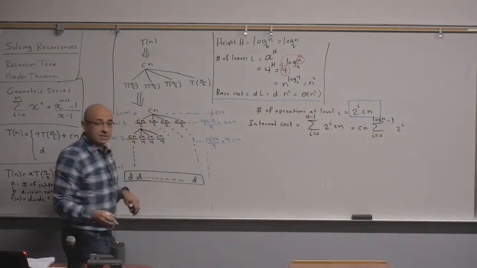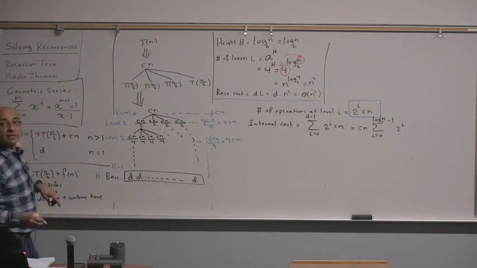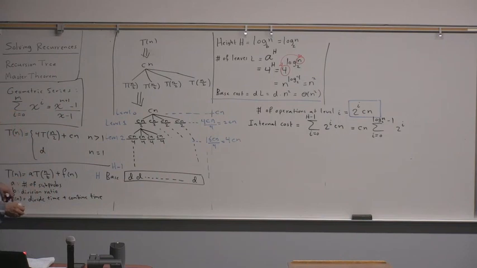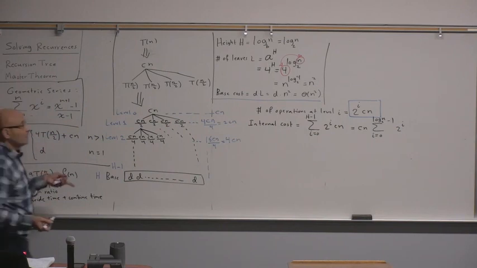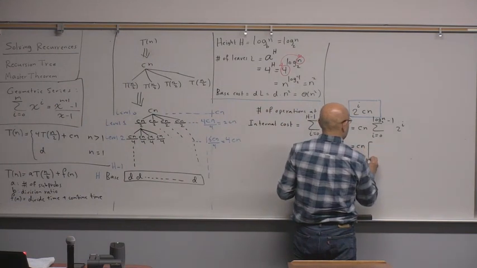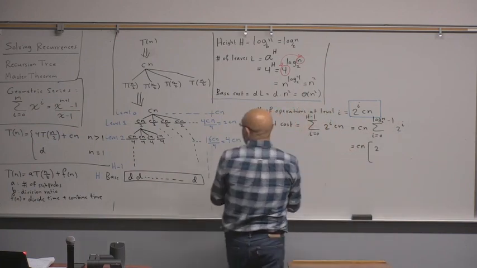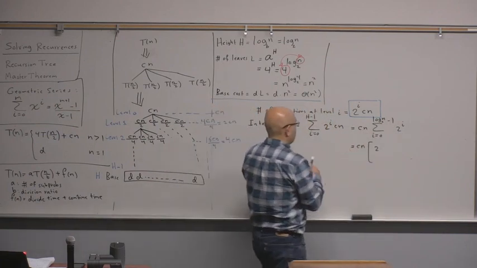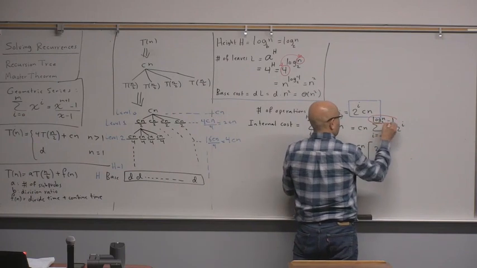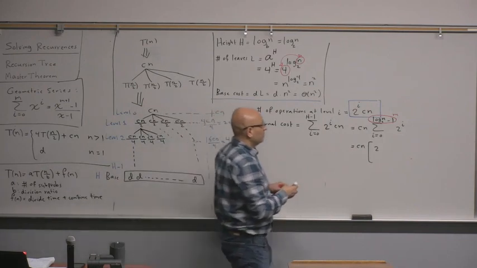And what kind of series is this? This is a geometric series. And what's the value of x, the base? 2. Yeah. So this is Cn times (2 power m plus 1 minus 1) divided by 2 minus 1, where m plus 1 is log n base 2.